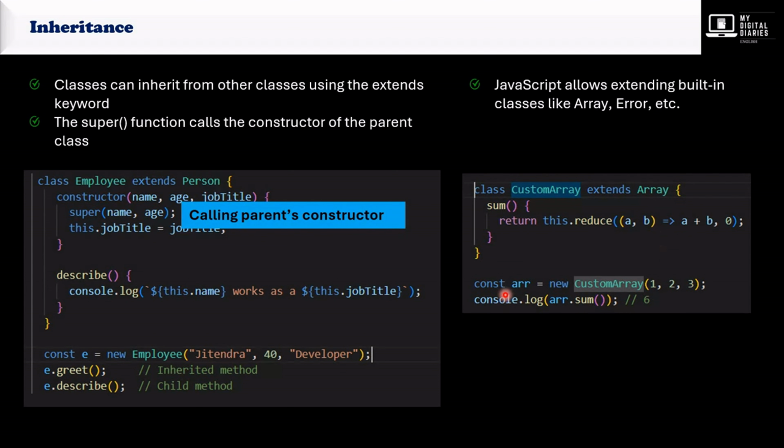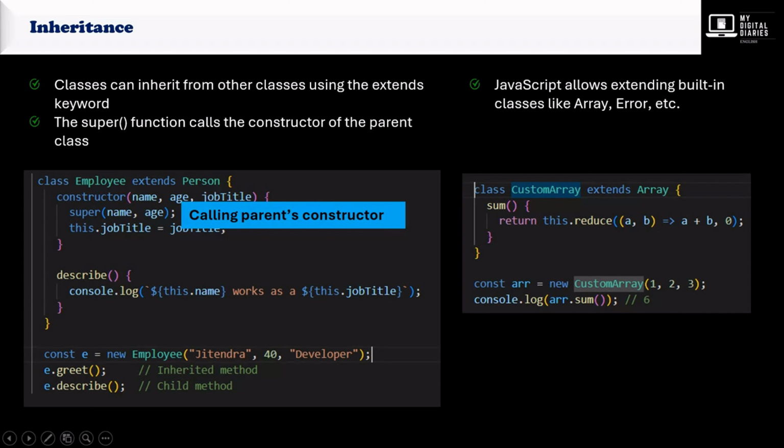Now if we create a CustomArray object with the numbers 1, 2, 3, and we call the array.sum method, we can directly call it, and it will return 6, that is the addition of all three numbers. That means we have enhanced the existing functionality of an array.